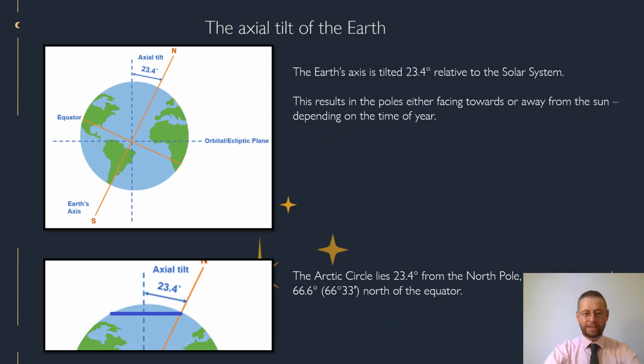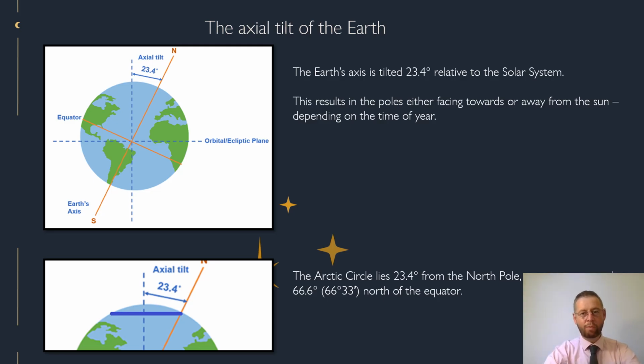So the polar region is defined by this thing called the Arctic Circle. It's an area of land on the Earth which lies within 23.4 degrees of the North Pole. But why 23.4 degrees? Well, it turns out Earth's axis is not straight up and straight down relative to the rotation of the planets around the solar system. It's at a slight angle.